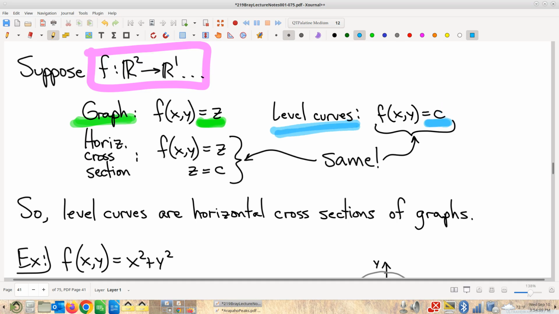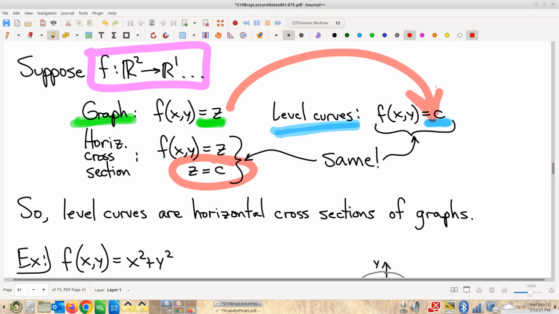Two different constructions: setting it equal to z, setting it equal to a constant. Well, I'm going to make the smart-alecky observation here that if I set z equal to a constant, in effect, I have set f equal to a constant, kind of indirectly. If you set f equal to z and then z equal to c, altogether f has been set equal to c. And so you get a level set.